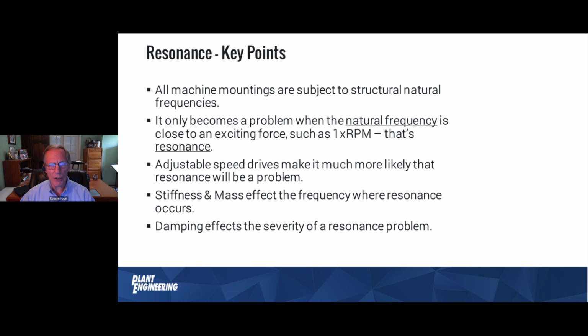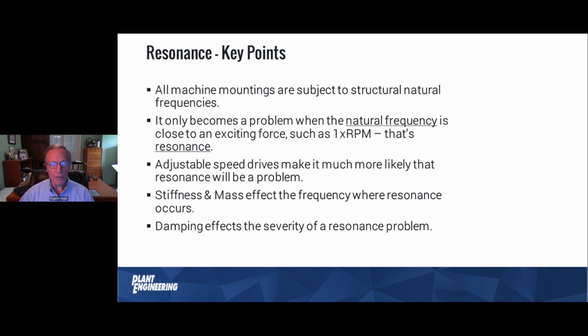Stiffness and mass are the two characteristics that determine mostly where that vibration frequency is going to occur. Damping determines how severe the vibration might get. Damping is the ability of a structure to absorb vibratory energy. So if there's a machine that's bolted solid to a piece of concrete, which is very good at absorbing vibratory energy, the natural frequency may not develop a lot of amplitude because there's a lot of damping.